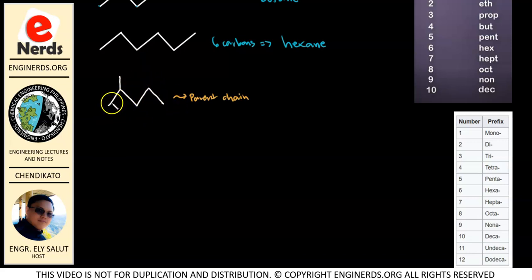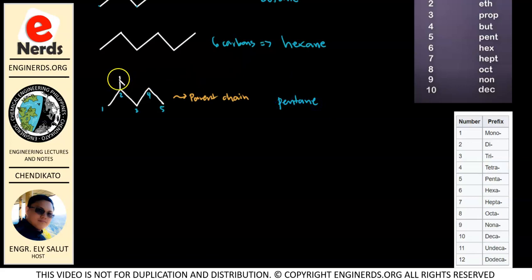So, in our parent chain, we have how many carbons? So, we will be counting from left to right on this case, no? So, we will have 1, 2, 3, 4, 5. So, we have 5 carbons here. So, therefore, our parent chain is actually we will be using pent prefix, so this will be pentane, di ba?